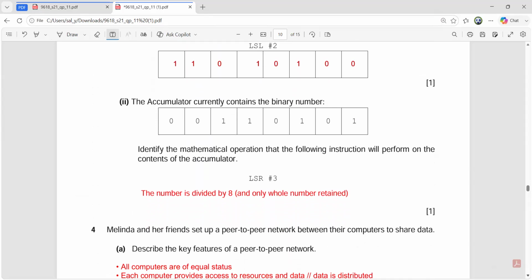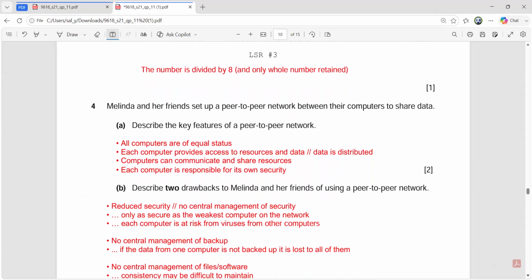It means that LSR means it will be shifting to the right. And we know shifting to the right means division. And since it is division, it is going to be three places. It means it will be dividing the number by 8 and only the whole number will be there. Just remember, this process always results in a whole number, not a fractional part.